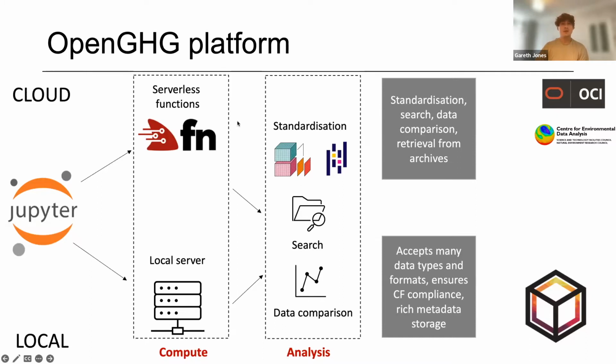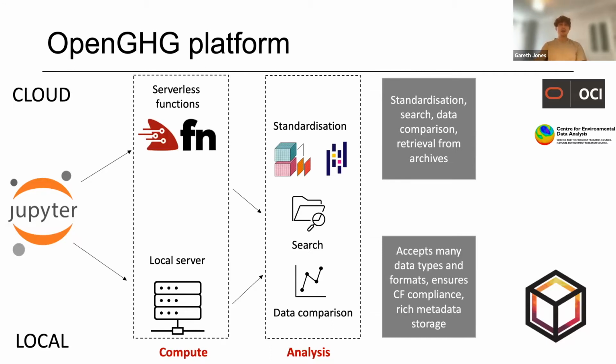We've worked quite closely with quite a few of the members of the ACRG group in Bristol to work out what users want from the system and what kind of workflows they use every day, and how we can make their life easier by having easy search for data. You can pull data down. It should be quite quick and easy to access different types of data and perform different comparisons.